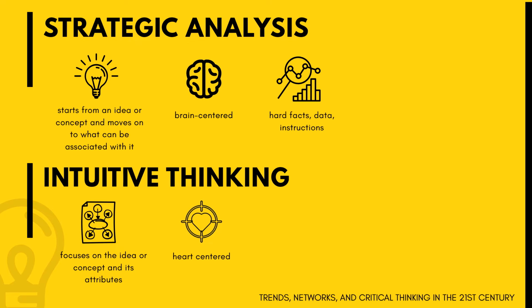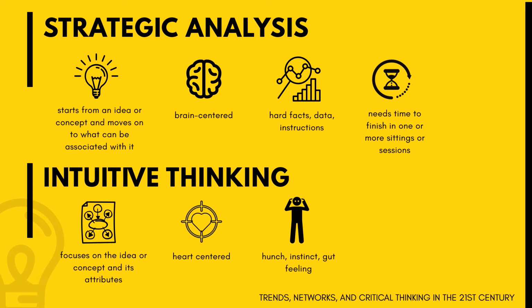Next, strategic analysis involves hard facts, data, and instructions. So, di ba we are analyzing the problem, we are identifying the problem. So, basically, we are doing further research. While in intuitive thinking, hunch, instinct, gut feeling. So, on the spot, we are making decisions based on our emotions or feelings.